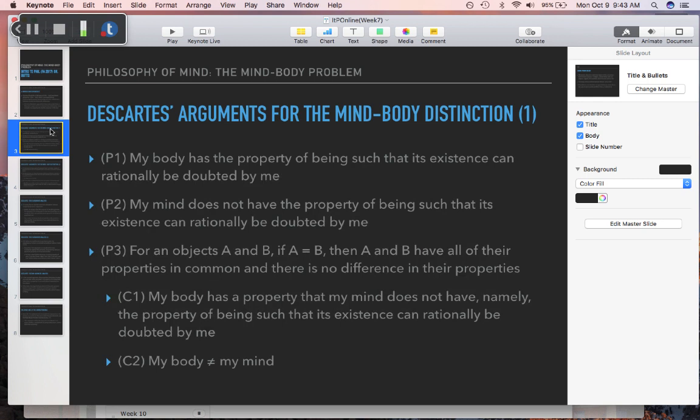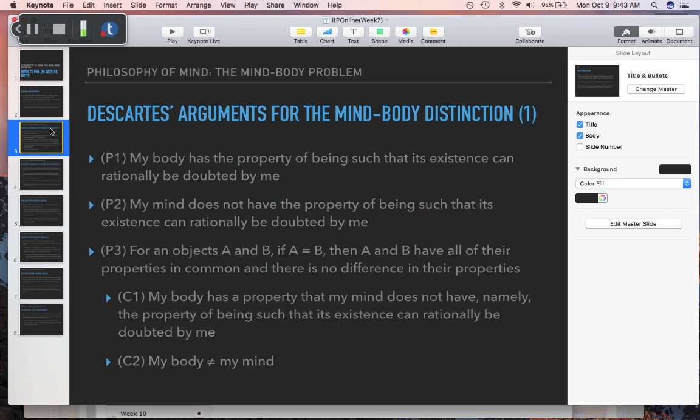So Descartes gives a couple of arguments for the distinctness of the mind and the body. So what he is doing is trying to show that the mind and the body are really 2 separate things which have different properties, right? So we're going to look at 2 separate arguments for that. So let's go through the premises. First, premise 1. My body has the property of being such that its existence can rationally be doubted by me.